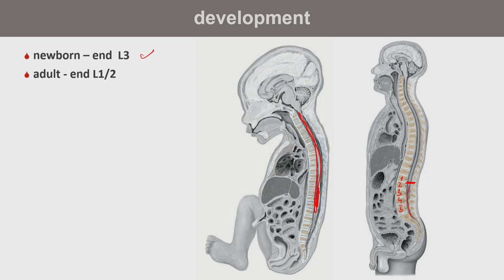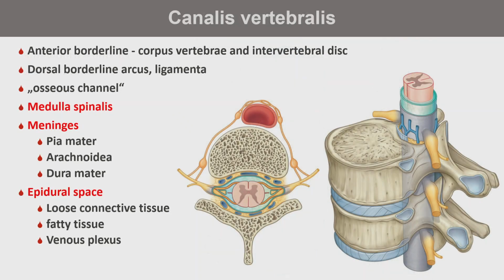So please remember that in newborn the end could be at the level of L3. But it is typically in all textbooks, but in reality also in a newborn the spinal cord will be more above, about L2. So this is the extent of the spinal cord. Please remember this.